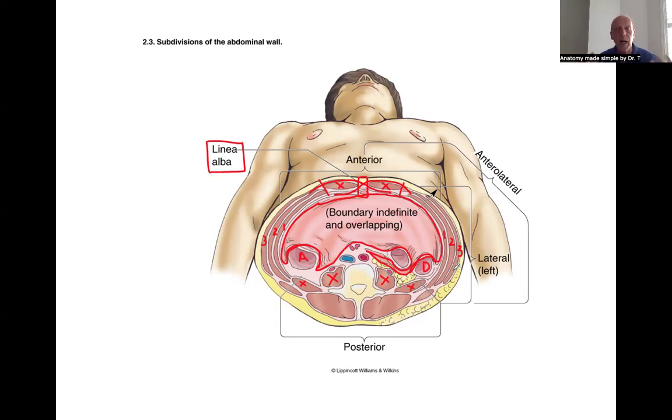Retro means behind peritoneum. However, this is part of the small intestine, and as you can see, nearly all of its surface is wrapped up with parietal peritoneum. Almost all of it. That is why for this organ that I'm marking currently with an arrow, we will say that it is an intraperitoneal structure.